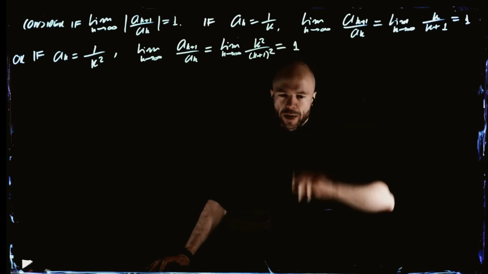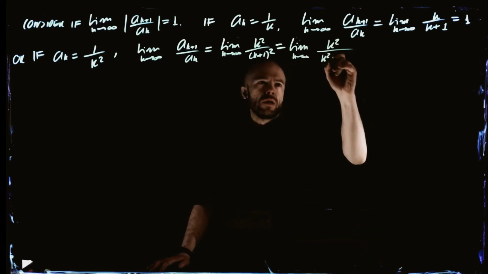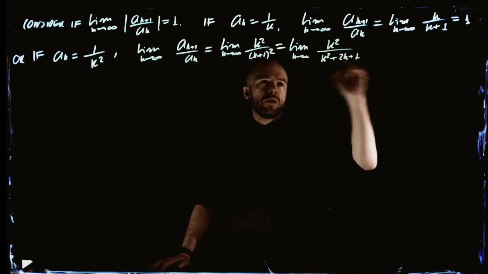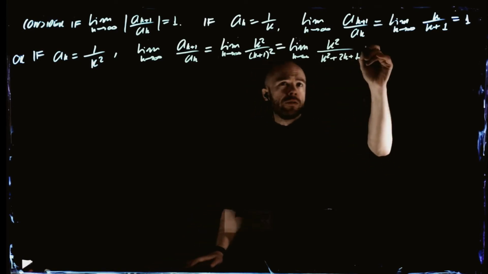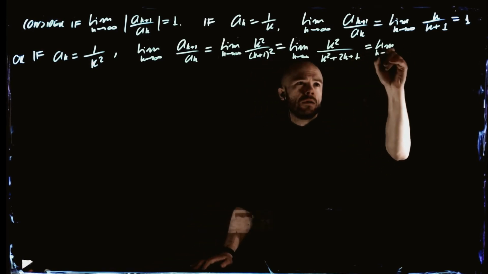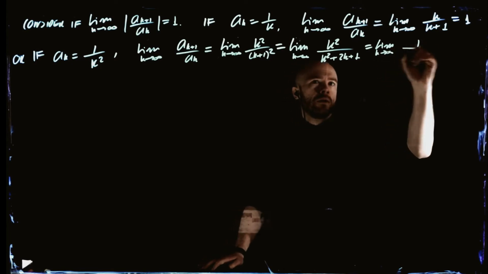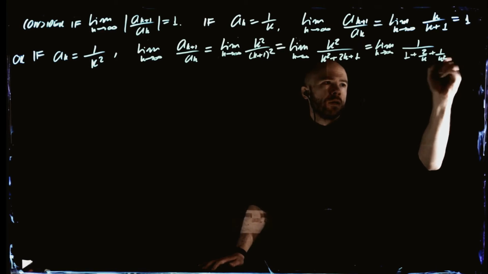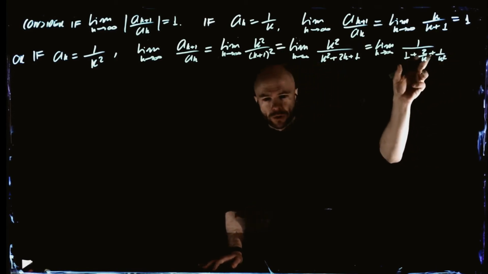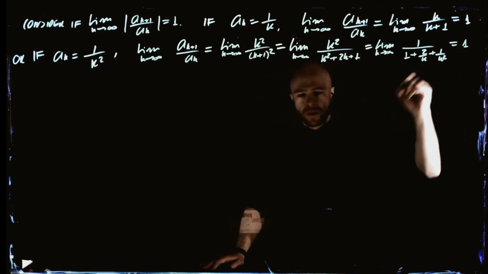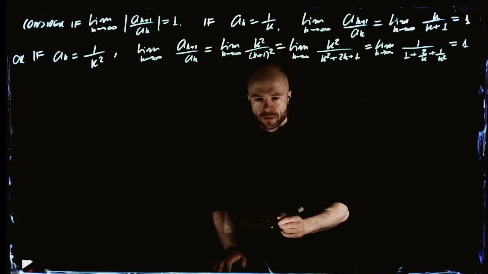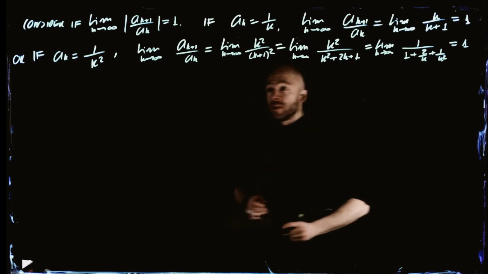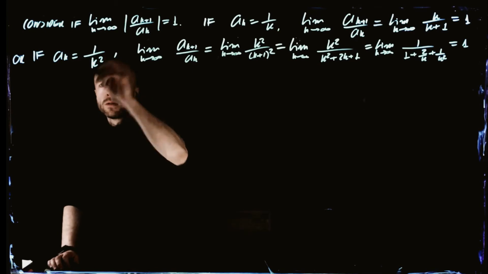Give me a thumbs up if you're happy the limit's 1. So k squared plus 2k plus 1, and then we factor out k squared from the top and bottom. And then the limit as k goes to infinity of the bottom for sure is 1, therefore this thing is 1. Yeah? Cool. All right, so this one converges.